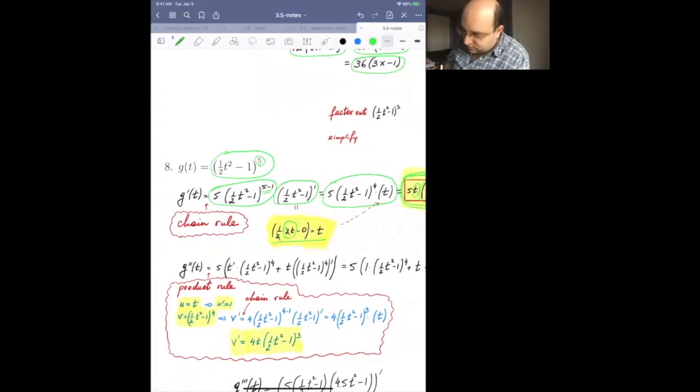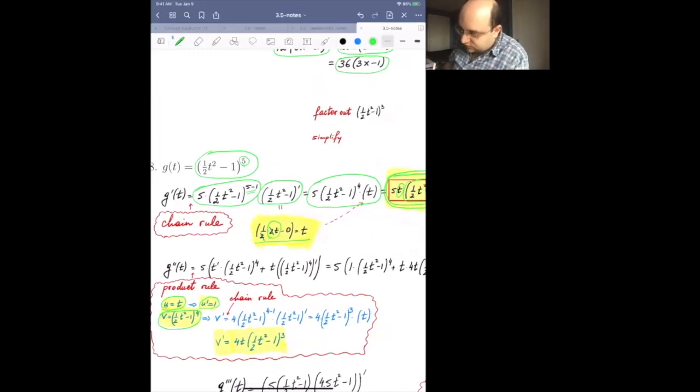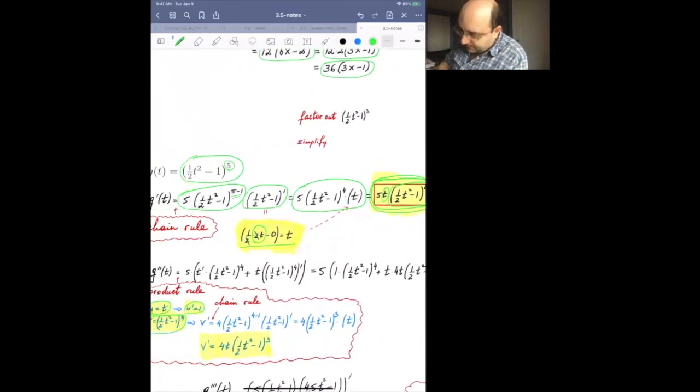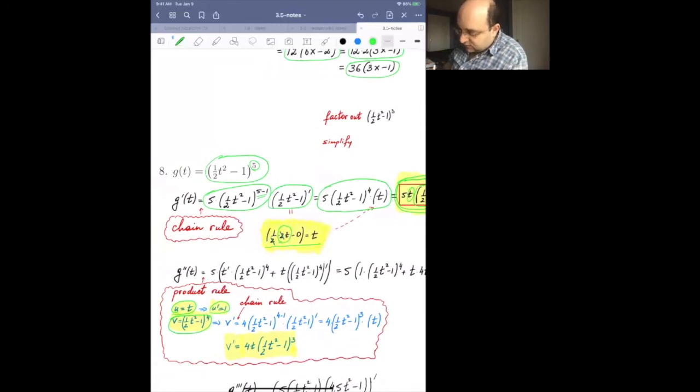So here is what I'm doing. I'm taking u equals t and v equals that. So the derivative of u is of course 1. And for the derivative of v, we have to use the chain rule. It's going to be 4 times, that's this 4 here, times the expression inside to the power 4 minus 1, times the derivative of the inside.